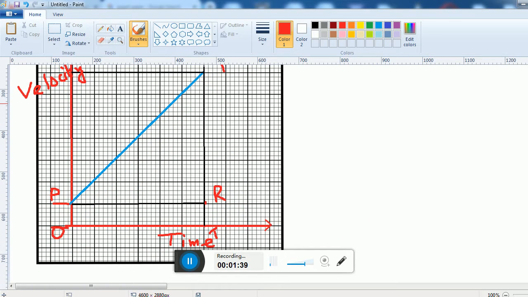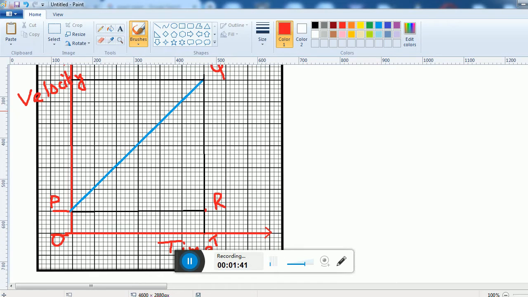This is the time axis, and this is the velocity axis. The object might have started from rest here, when the velocity was 0, but we have started counting after some time, so we have started counting from the origin.